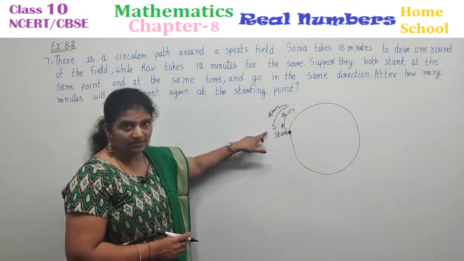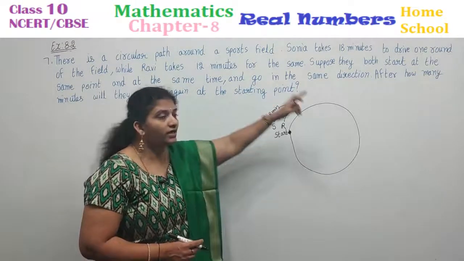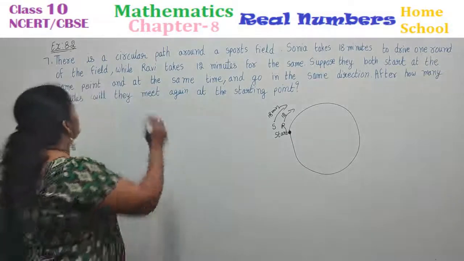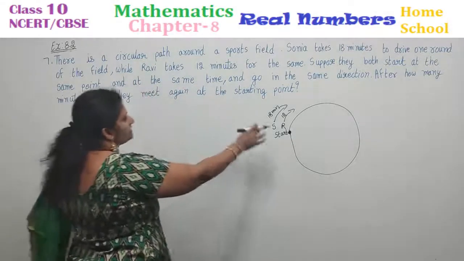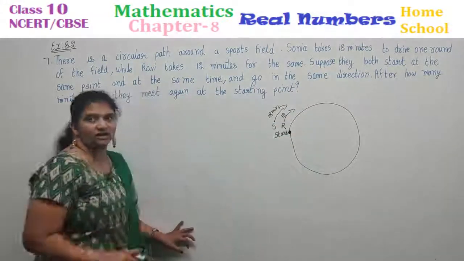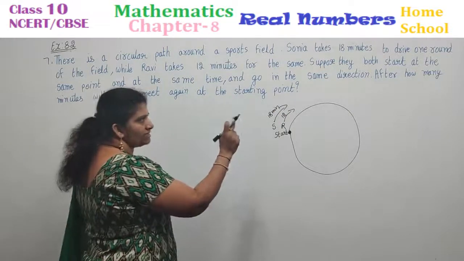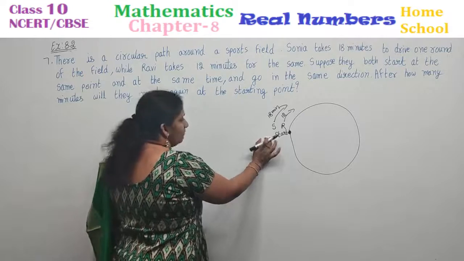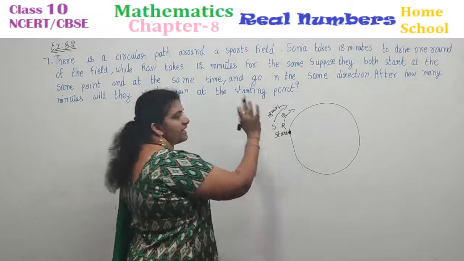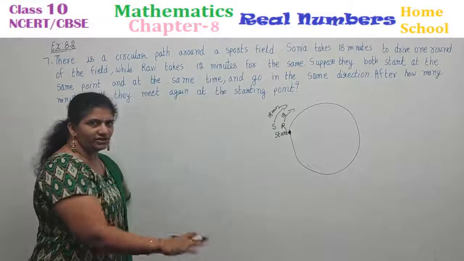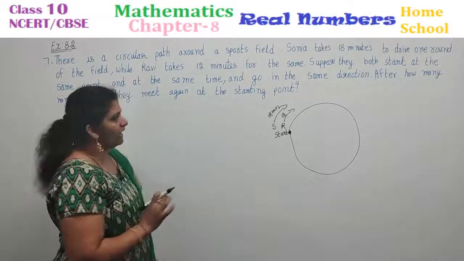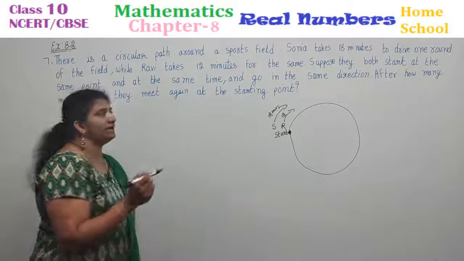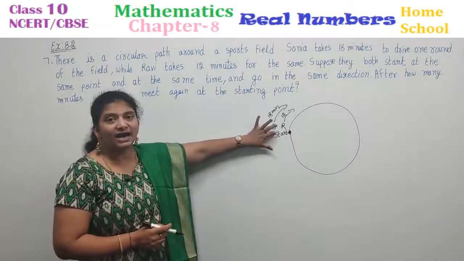Sonia takes 18 minutes to drive the circular path, while Ravi takes 12 minutes for the same circular path. Suppose they both start at the same point at the same time and go in the same direction. After how many minutes will they meet again at the starting point?